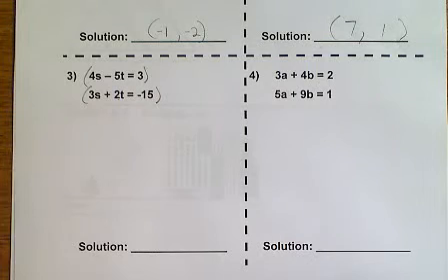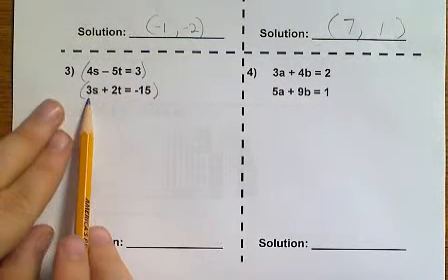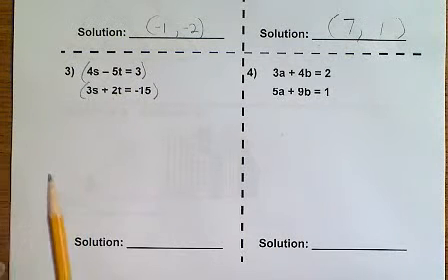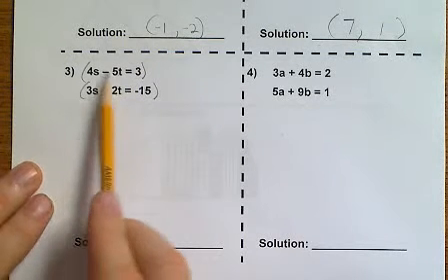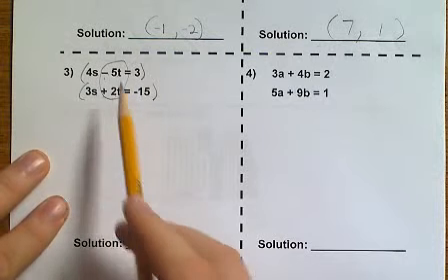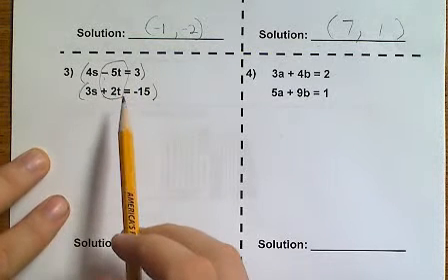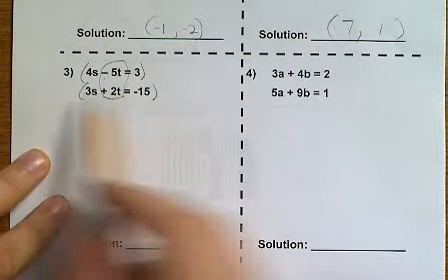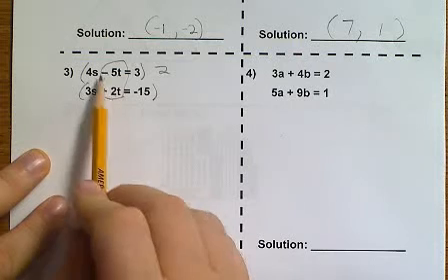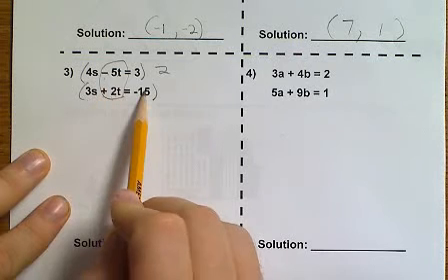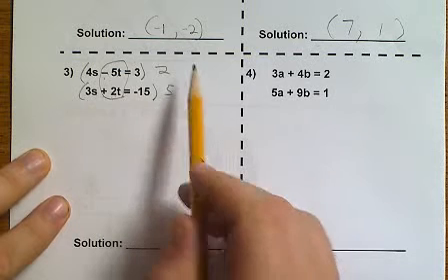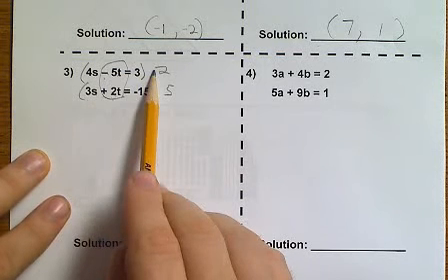And I'm going to choose, do I want to eliminate s's, or do I want to eliminate t's? Because of the different signs, I'm going to go ahead and choose to eliminate my t's. So to do that, I'm going to multiply the top equation by 2 and multiply the bottom equation by 5. Because 5 times 2 is the same as 2 times 5.